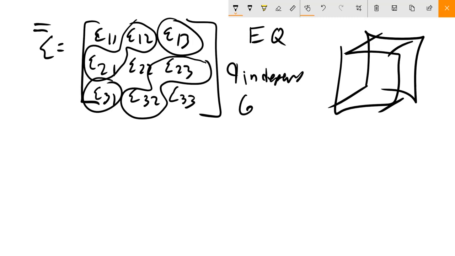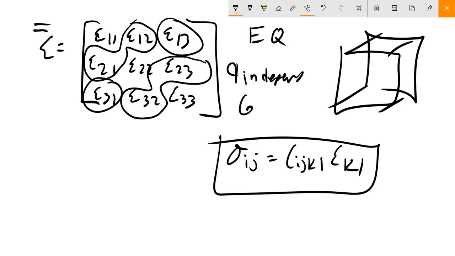And again, we're going to talk about this in just a little bit, but you can relate stress and strain. So we can relate sigma ij through C ijkl to epsilon kl. This is assuming that we are not linear elastic and isotropic.